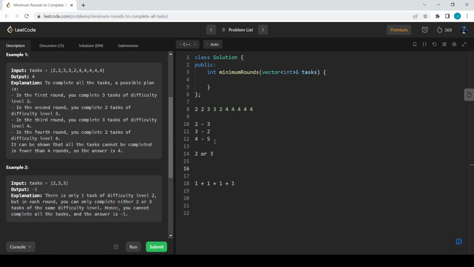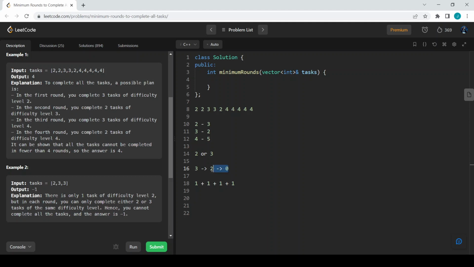We always do 3 tasks of the same difficulty first. Once we are not able to do 3 tasks, we do 2 tasks. Once we are not able to do 2 tasks, we cannot do any task. It should definitely reach 0.